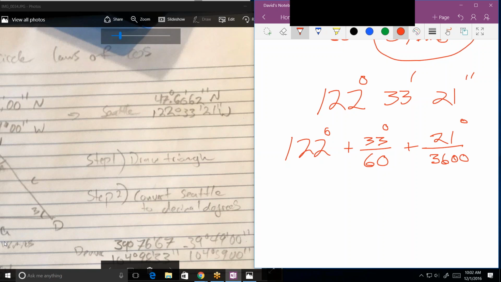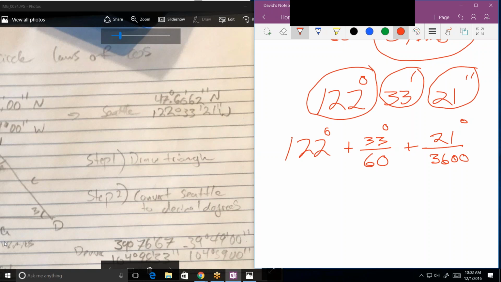In other words, for 21 seconds, there are 60 seconds per minute, 60 minutes per degree, so there are 3,600 seconds per degree. So what I'm doing is taking that number of minutes and converting it to a part of a degree, and converting the seconds to a part of a degree.